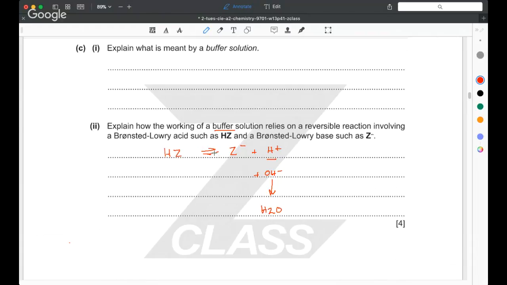And because you've got an equilibrium here, as the hydrogen ions are used up, then just more of the undissociated acid dissociates and provides hydrogen ions to take the place of the hydrogen ions that have been used up. And for those two reasons, the pH of a buffer remains about the same when you add a small amount of acid, hydrogen ions, or you add a small amount of hydroxide ions and alkali.